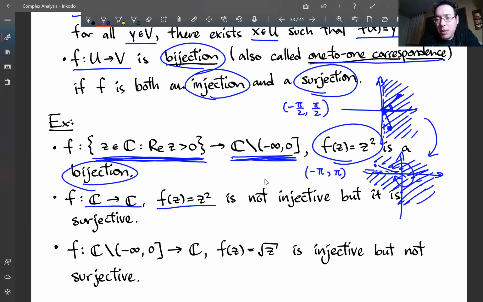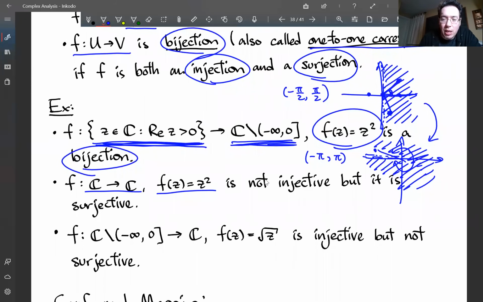It doesn't happen in the previous picture because only one of them is in the domain that we're looking at. Okay, so if the domain is the whole complex plane, it's not injective, but it is still surjective. Every point in the complex plane has actually two different square roots that map to it.